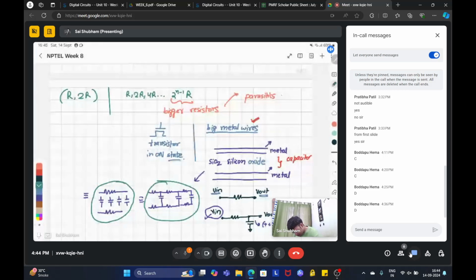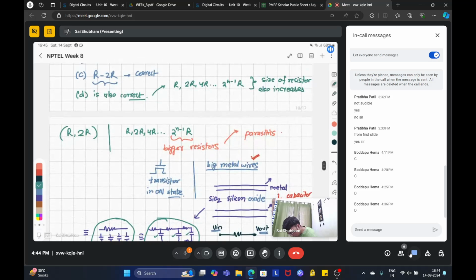So these capacitors actually cause delay in your circuit. Your resistor will create delay, but it will be very minimal compared to the delay caused by the capacitor. So here you have bigger resistance, which will have bigger parasitic capacitance, and that will lead to delay.